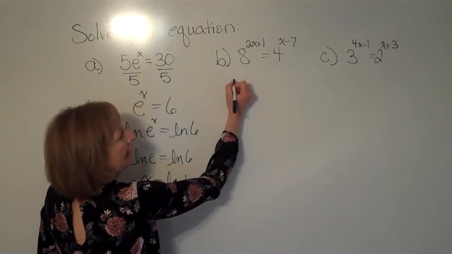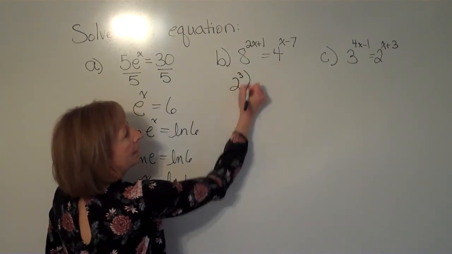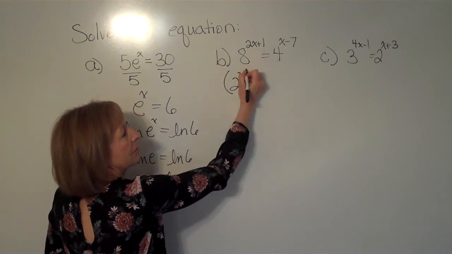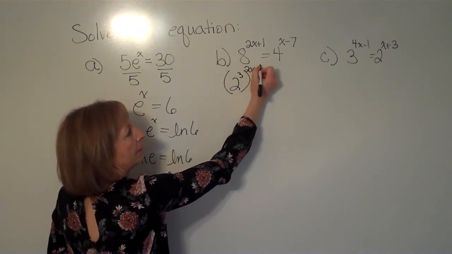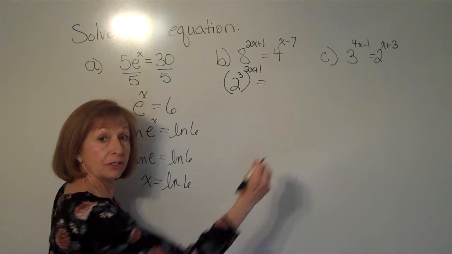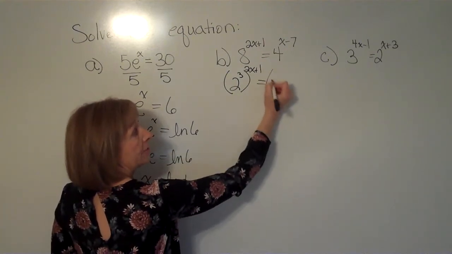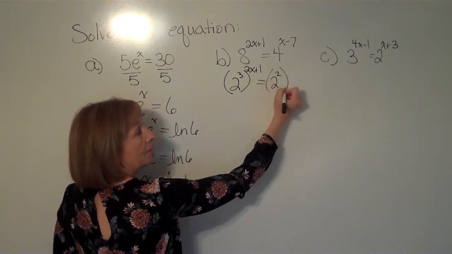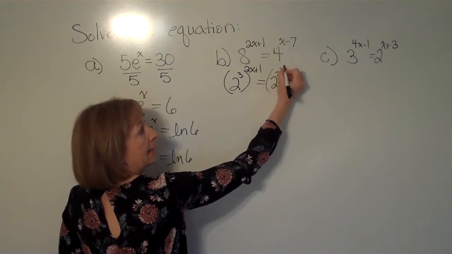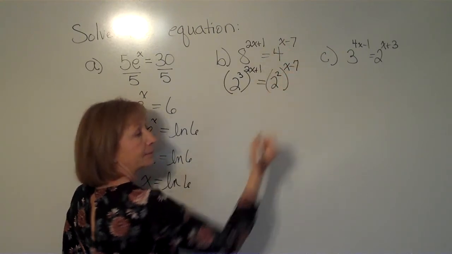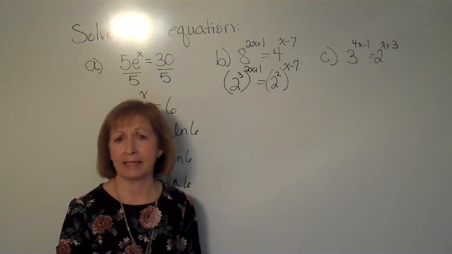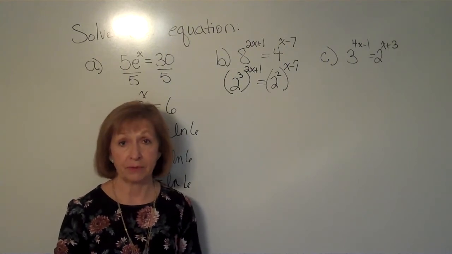So we're going to replace 8 as 2 cubed, but that 8 is raised to the 2x plus 1 power. And I'm going to rewrite 4 as 2 squared, but that 4 is raised to the x minus 7 power. Now we have to remember something about exponents and properties of exponents.